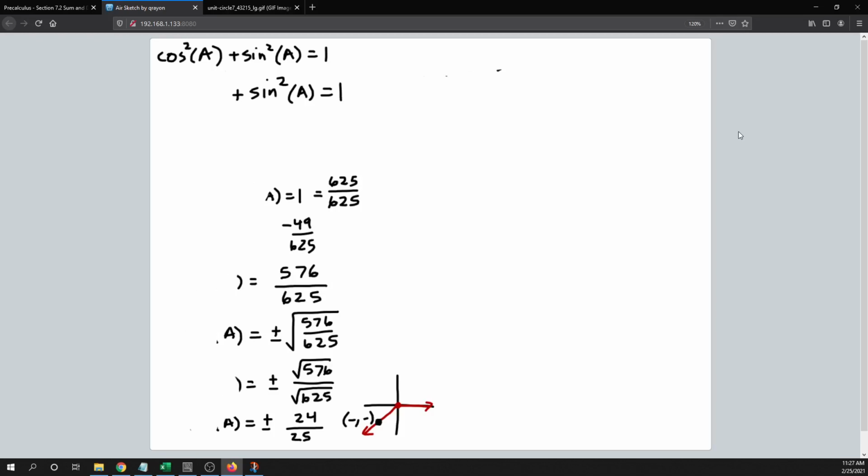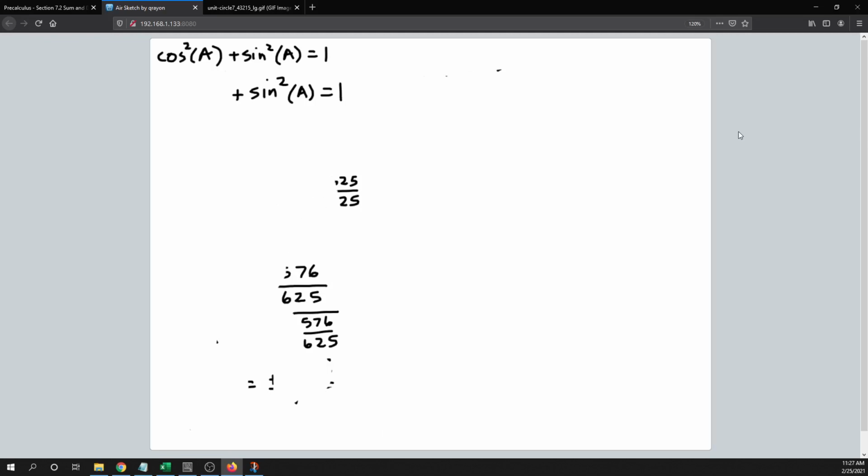So again, we are going to start off with that same fundamental identity. Cosine squared A plus sine squared A equals 1. Oops, except it's with B now, so I'll have to fix that.